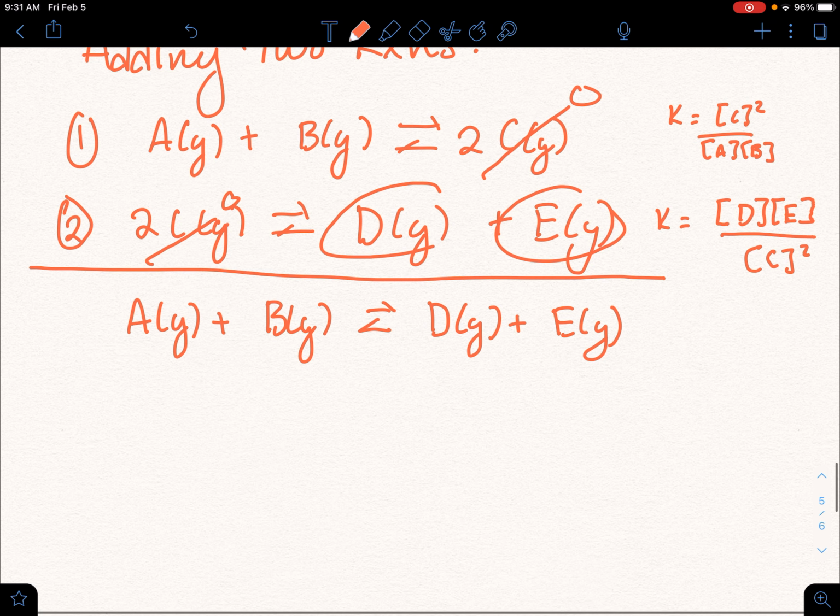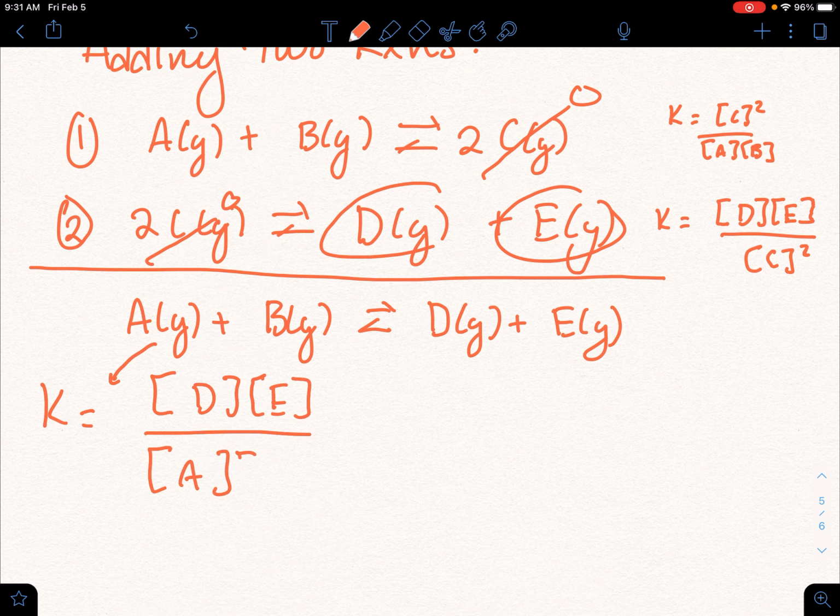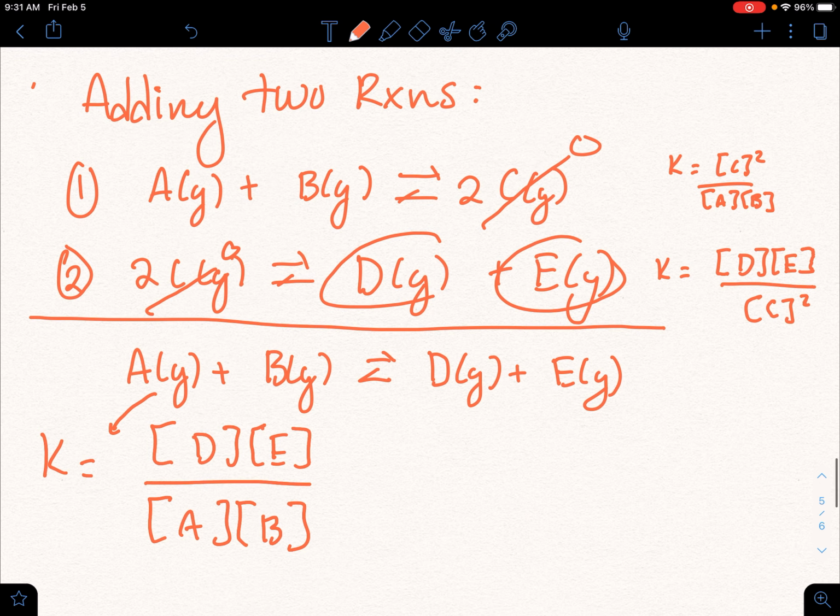And then this bottom one also has a separate K equation, right? We can write it as D times E over A times B, products over reactants. They all have separate K values.